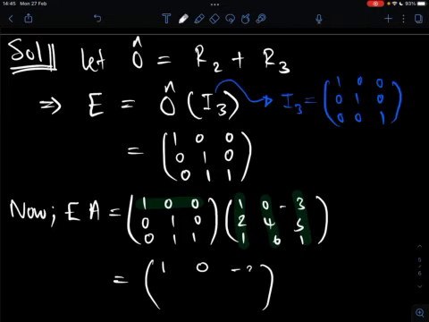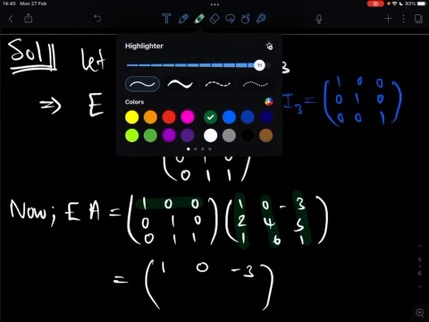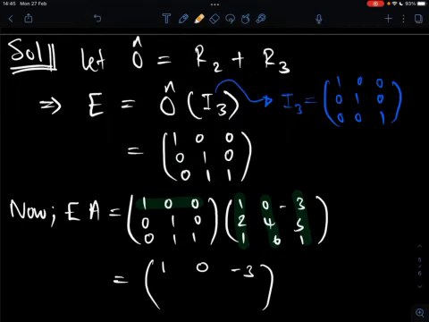Now I switch to a new row and repeat the procedure. First this row and the first column, I get 2. Then the second column, I get 4. And the last column, I get 5.